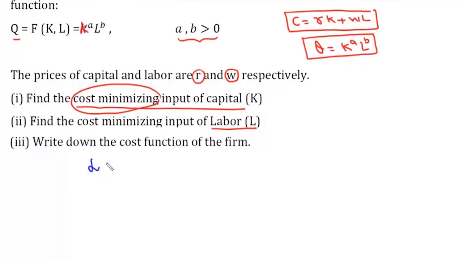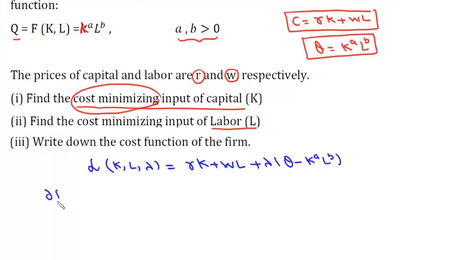So it will be this L. It is a function of K, L and lambda, and we'll write it as RK plus WL, which we need to minimize, plus lambda times the equality constraint, which is Q minus K to the power a into L to the power b. Now we'll find its gradient.